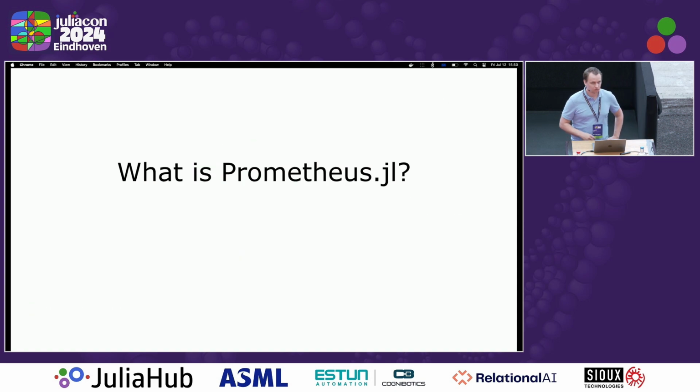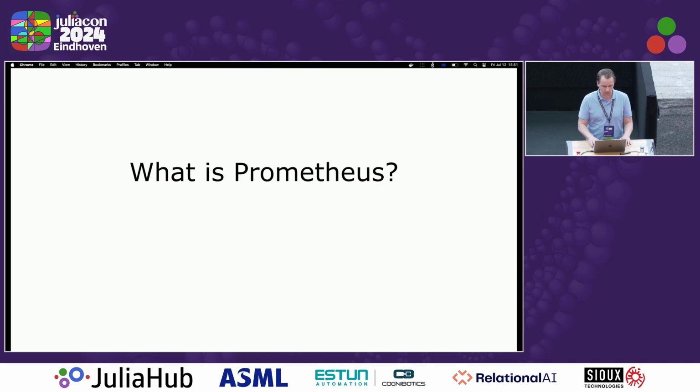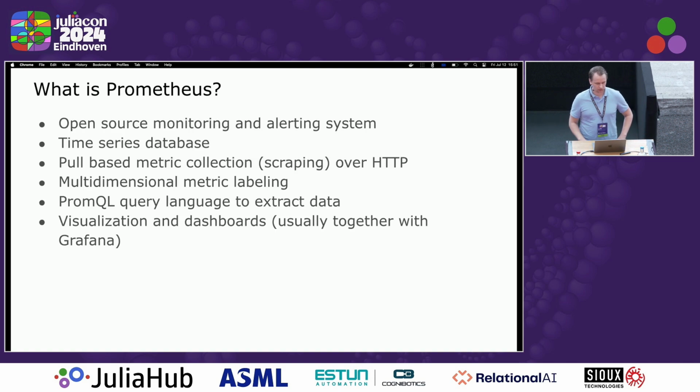So what is Prometheus.jl? Well, it's a Prometheus client for Julia. So that's done. But what is Prometheus? I think it doesn't make sense to talk about Prometheus.jl without describing Prometheus a little bit. Prometheus is an open source monitoring and alerting system.